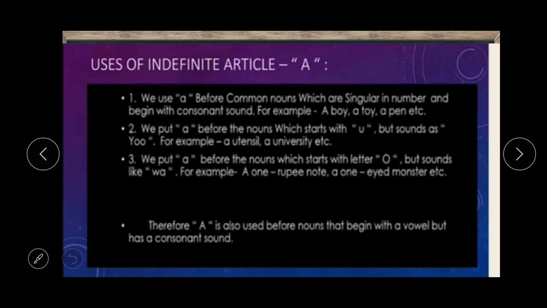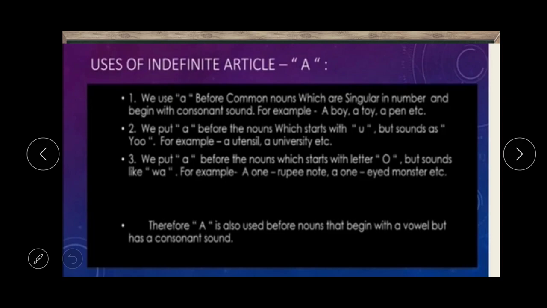Say for example, a utensil, a university. Generally if a word starts with u, it is pronounced like uh, like umbrella. But in case of some exceptions, like utensil, it also starts with u, but it doesn't sound like uh. That's why we have to put a before this kind of words.